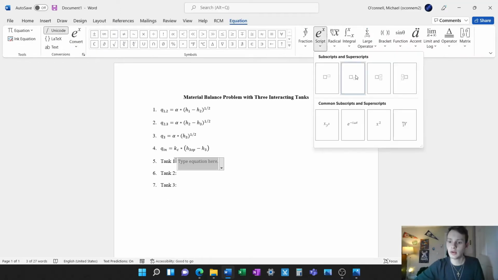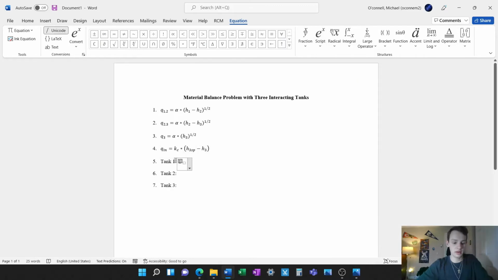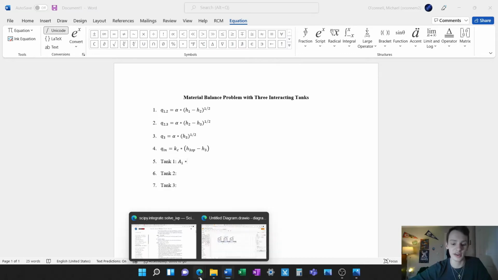Well, that is going to look like the cross-sectional area, so for tank 1, we'll call it A sub 1, times the height. Now, as we said before, this is a differential equation, which means that we have a derivative in it, which means that something's changing, and specifically for us, something is changing with respect to time. Well, what is going to be changing?